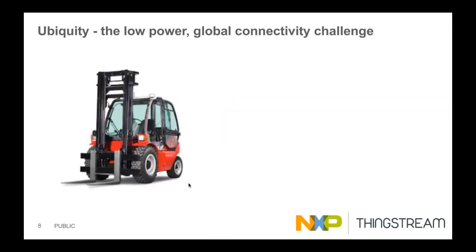So if we just focus for a moment on just ubiquity and a simple kind of use case, just to give you some context, there's a lot of discussions around different types of radio networks and what should be used, and we're just focusing on maybe some of the more popular ones. But a typical use case that we work with is here, for example.